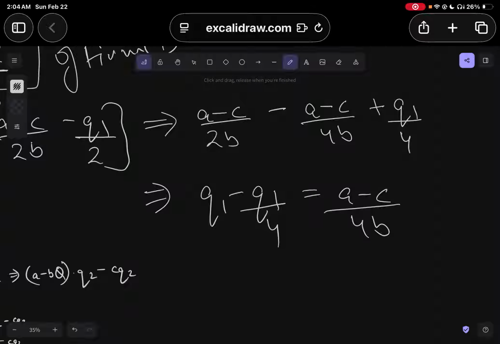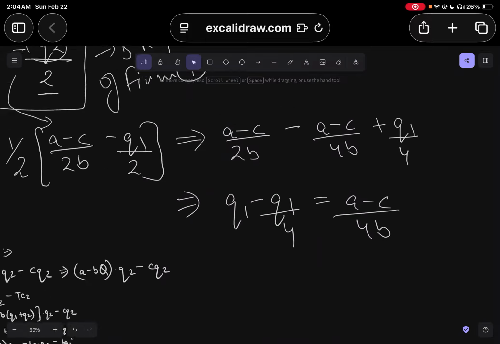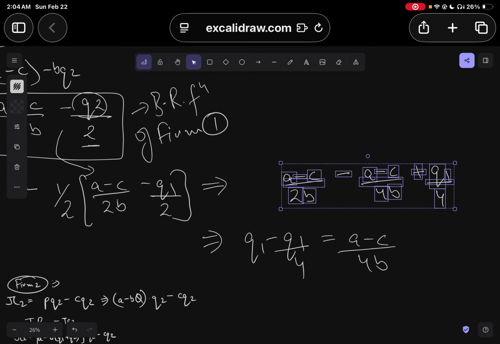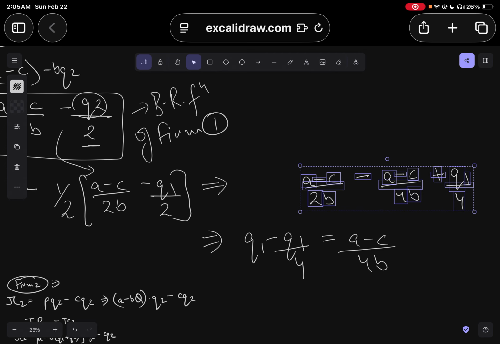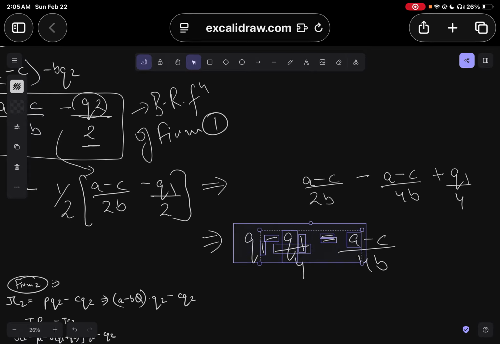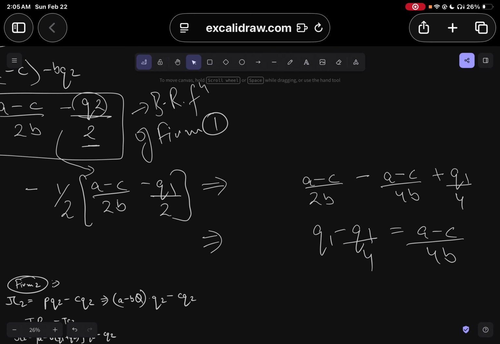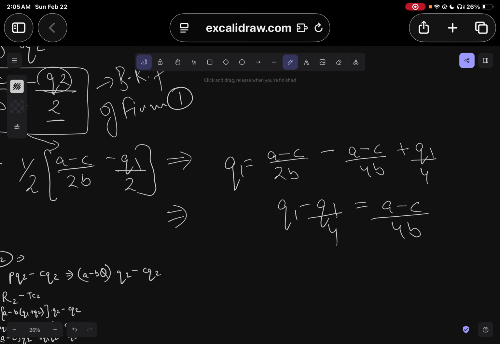Okay, how do I move it from now? I just want them a bit here, then this a bit. Okay, so this is Q1 equal to this.